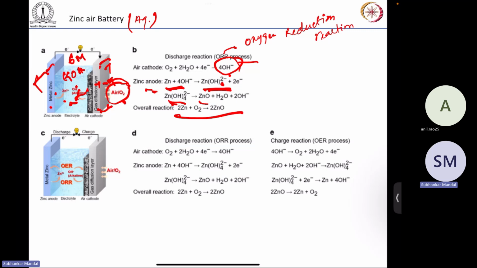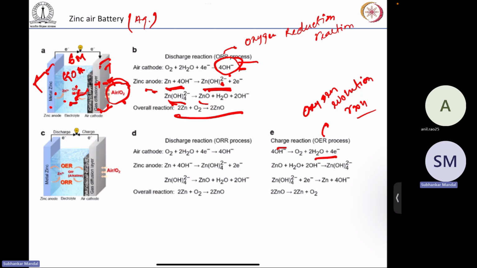And what will happen in the charge reaction? OH minus is converting, so in the charging process OER happens. Sorry, oxygen evolution reaction happens. OH minus goes to O2, so O2 is forming.